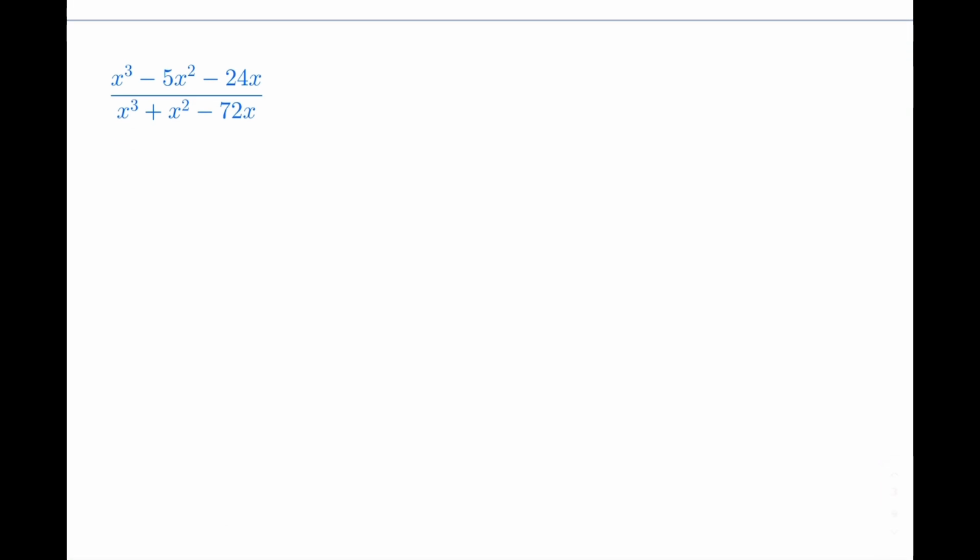Here, what we want to do first, like we normally do with any polynomials, is find the greatest common factor. When we do, what we end up with is x times (x squared minus 5x minus 24) in the numerator, and in the denominator, the greatest common factor is also x, so we can factor that out, and we get x times (x squared plus x minus 72).